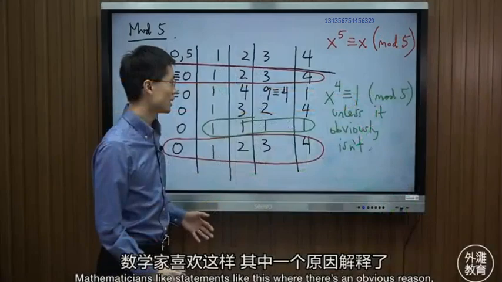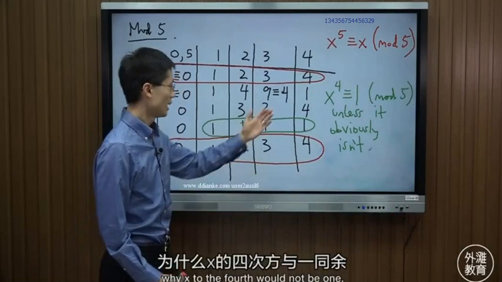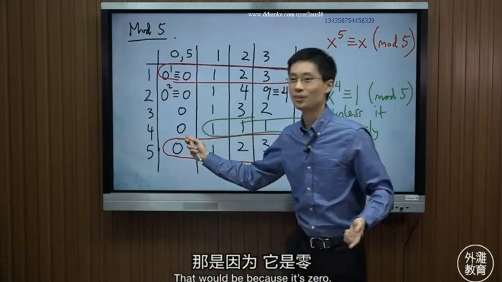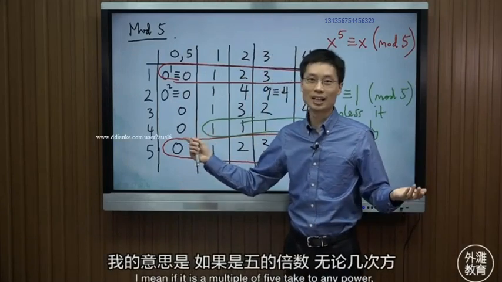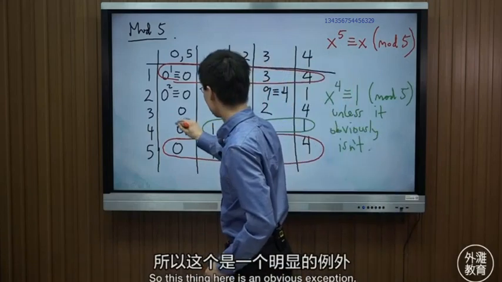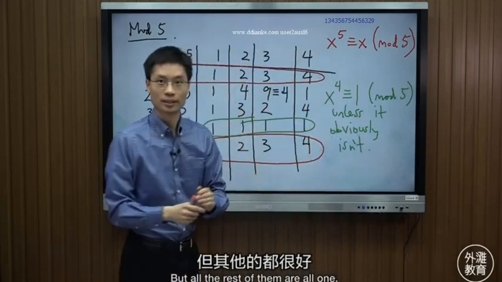Mathematicians like statements like this, where there's an obvious reason why x to the 4th would not be 1. That would be because it's 0. I mean, if it's a multiple of 5, take any power, it's a multiple of 5. So this thing here is an obvious exception. But all the rest of them are all 1.